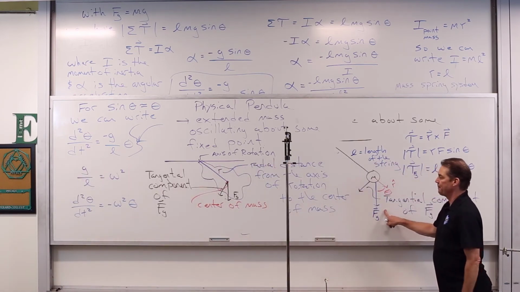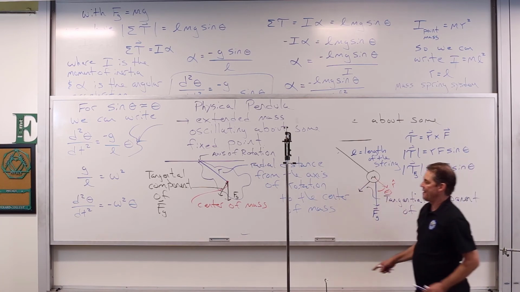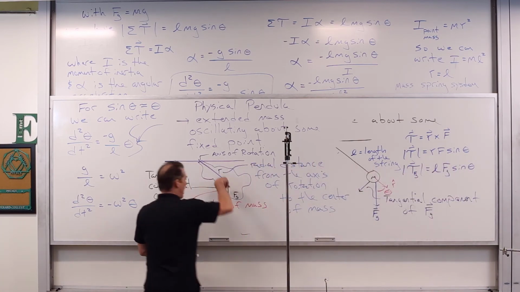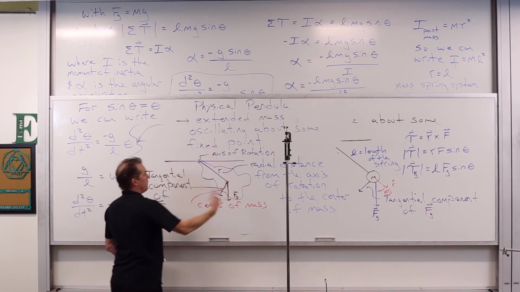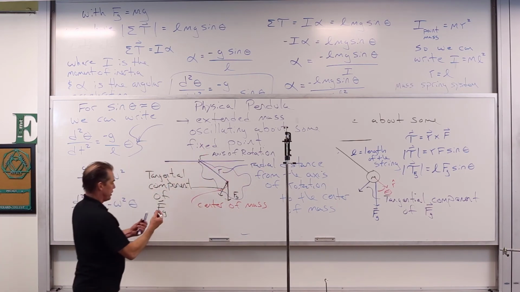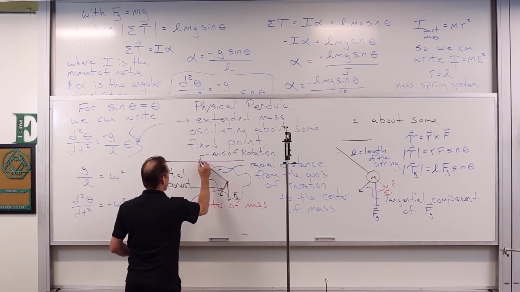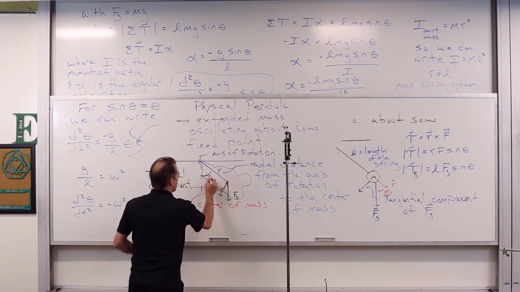We've got that this force of gravity acts at some angle with respect to the radial direction, which is still just going to be theta, which is still correlated with this theta.